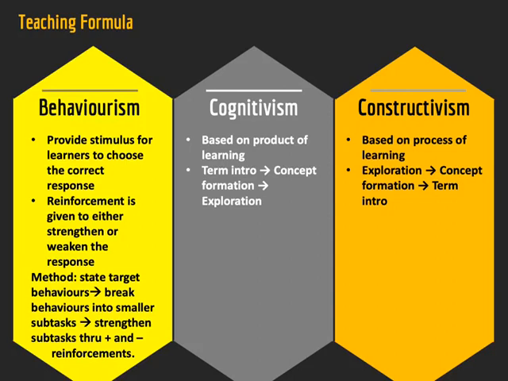Next, for the cognitivism teaching formula, because cognitivism focuses more on the product of learning, the formula is to start with term introduction, followed by concept formation, and finally exploration. Whereas constructivism focuses more on the process of learning, what happened in between. Therefore, the formula is to start with exploration, followed by concept formation, and finally only term introduction.